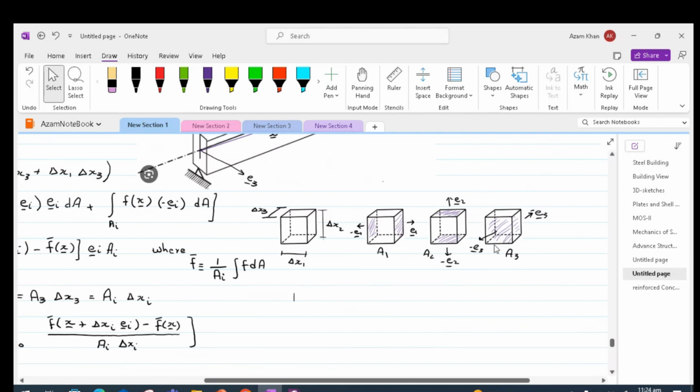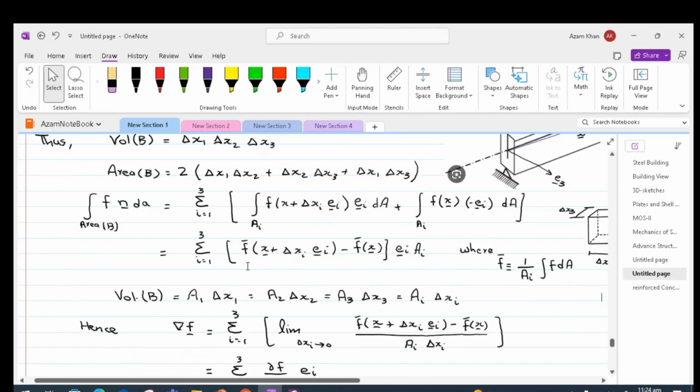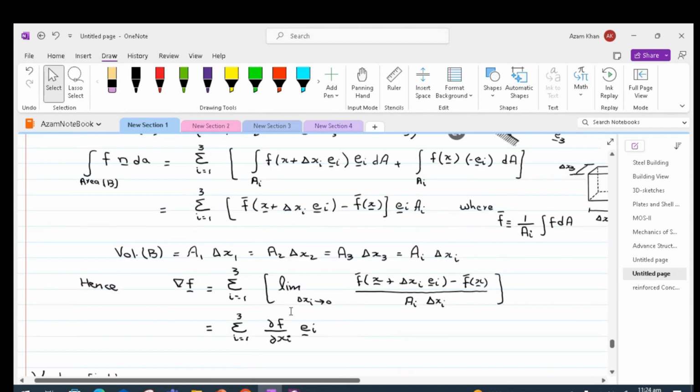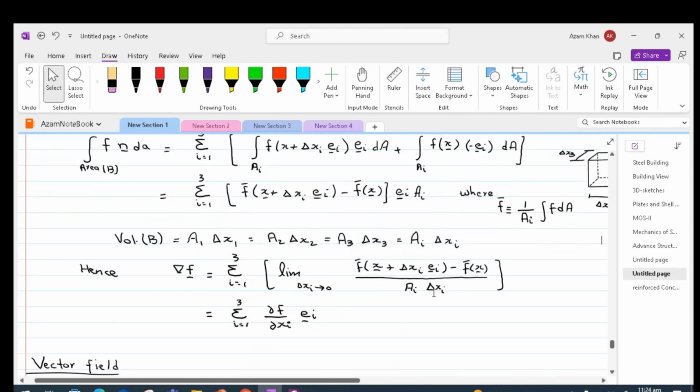We multiply that with delta x3 in order to get our volume. We divide this whole integral as per this definition by volume, which is Ai delta xi. We can write this 1, 2, 3 in the ith form.